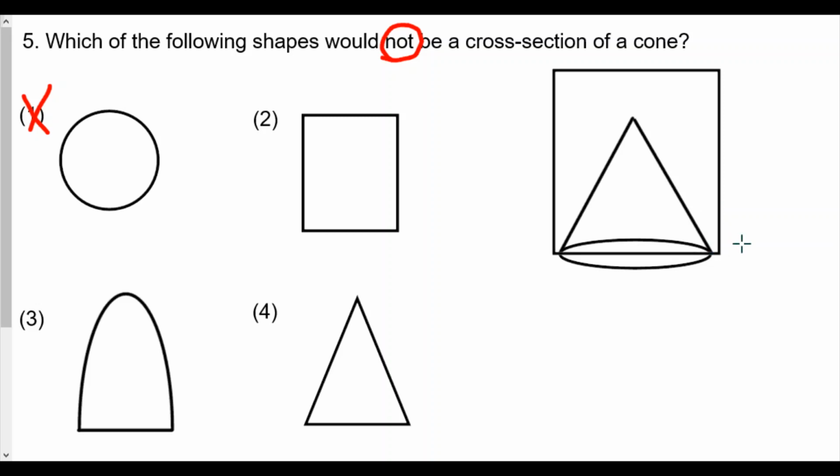Well, if we cut straight down from the very top, we would find that it would look like a triangle. When we separated them, the two pieces, if you looked straight forward, would look like a triangle. So we could get a cross section that would be a triangle here. So that could be a cross section.